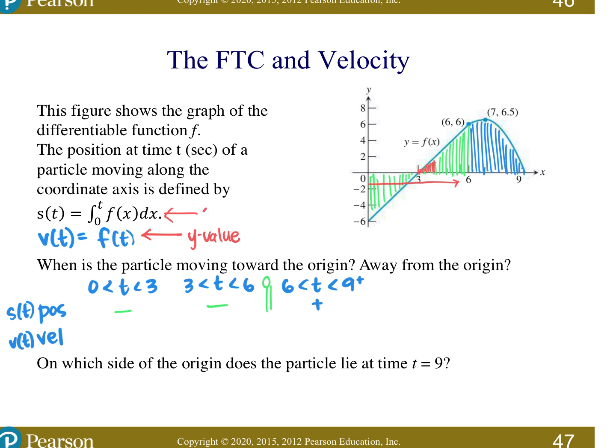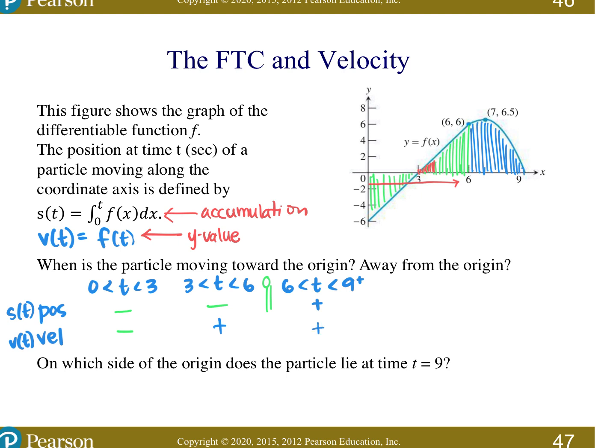This is the accumulation, but velocity is the y value. So from 0 to 3, all of the y values are negative. From 3 to 6, all of the y values are positive. And from 6 to 9 plus, all of the y values are positive again.